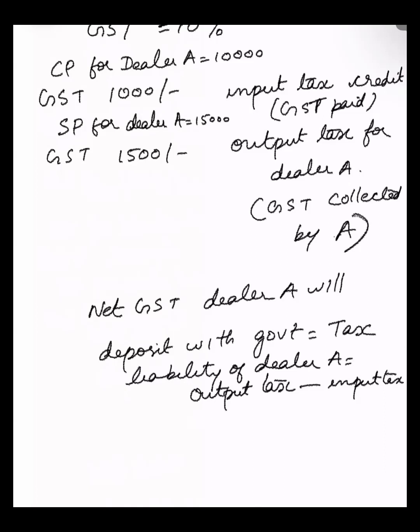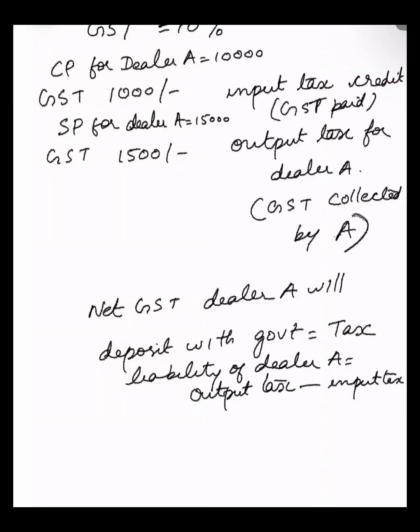How will you calculate it? Output tax minus input tax. So the GST that dealer A has collected from his customer minus the GST he has already paid to the manufacturer or from whom he has purchased the products.